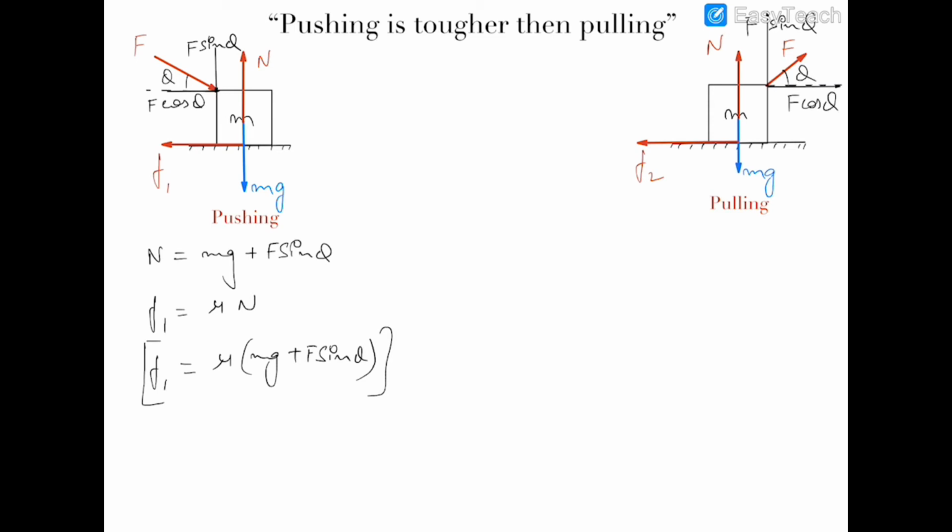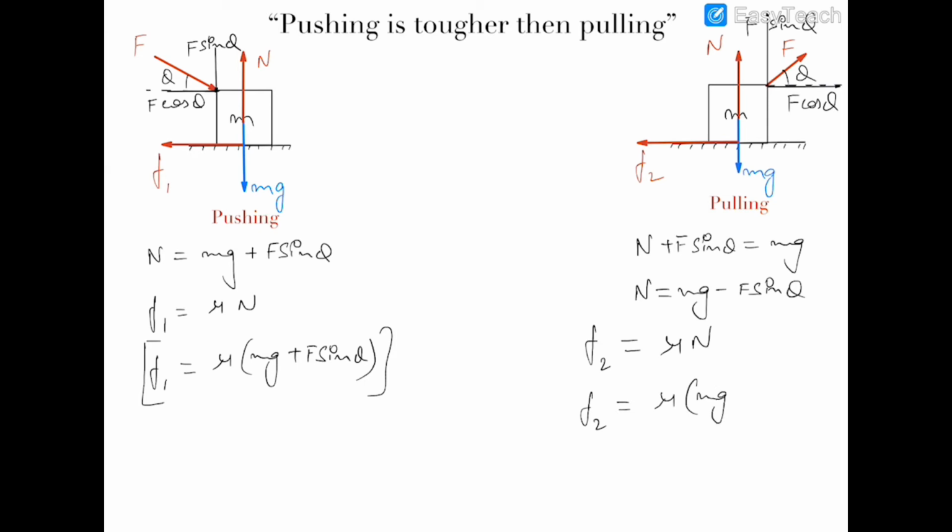Now the normal reaction N plus F sine theta will be equal to mg, so N will be equal to mg minus F sine theta. Now this friction F2 will be equal to mu into N. If we suppose that this block and this surface are the same, then mu will remain the same. Then F2 will be equal to mu into (mg minus F sine theta).